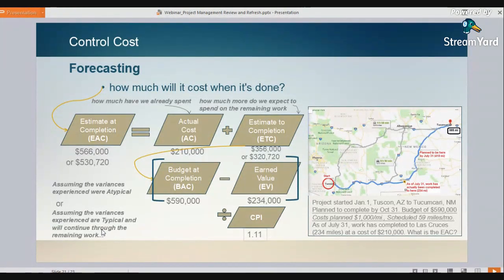If we expect those savings to continue, we could term it as such and say we expect our estimate at completion to be 530,720, assuming we continue to reap those benefits. Otherwise, it might go as high as 566,000. So it's a tool, it's a judgment, it's not a magic wand.